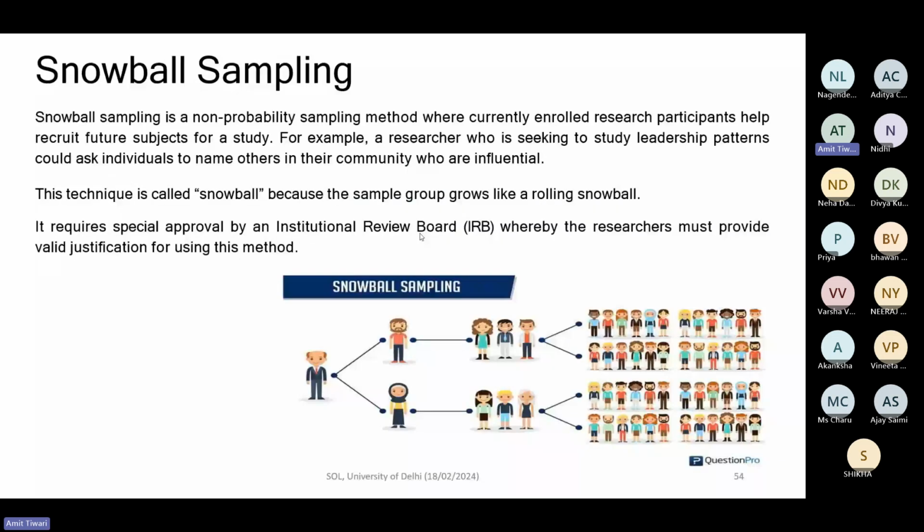Snowball sampling is again a non-probability sampling, but for verification or evaluation purposes it is quite often used. For example, I myself used snowball sampling in my research, because I was not completely aware of the people who are the experts or doing research in my area.